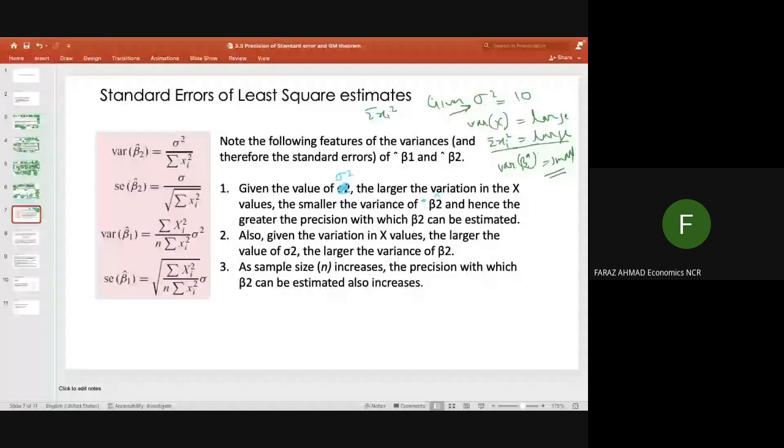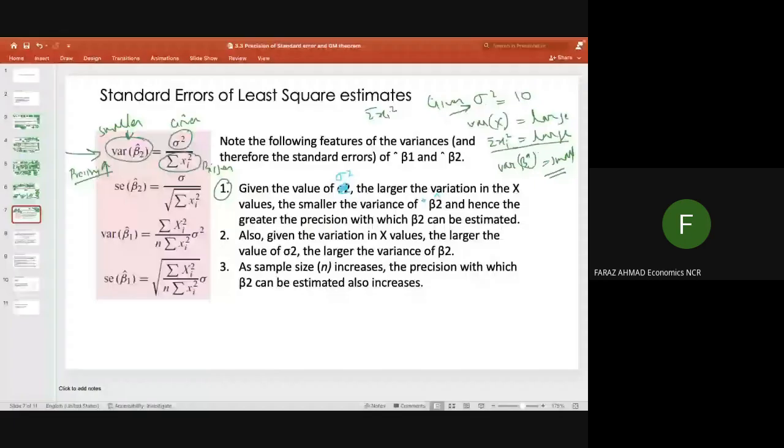Let us look here at variance of beta 2 hat. Given the numerator, the bigger or larger the denominator, the smaller the variance. So that's what is written in point number 1.